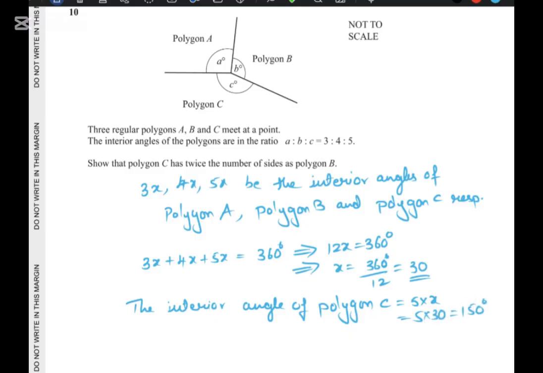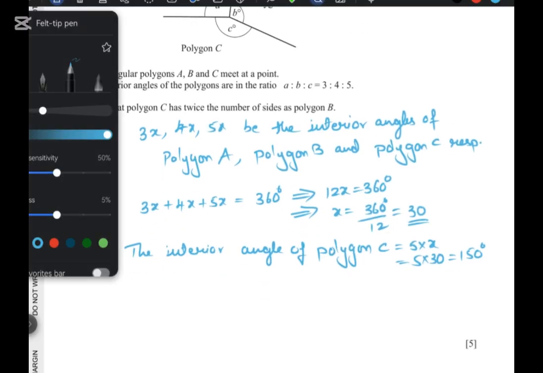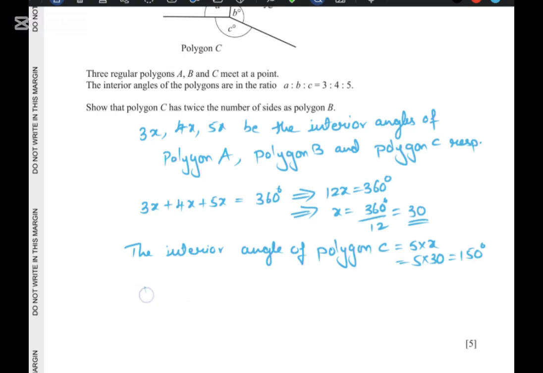This is the interior angle of polygon C. So let us find out the number of sides of polygon C. The number of sides of polygon C will be 360 by 180 minus 150, each interior angle.